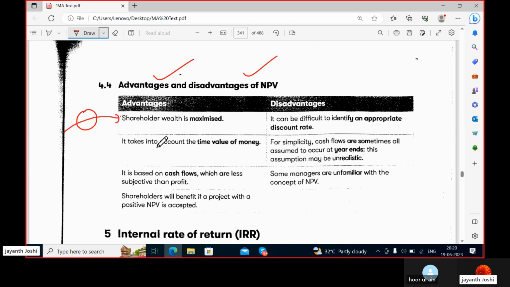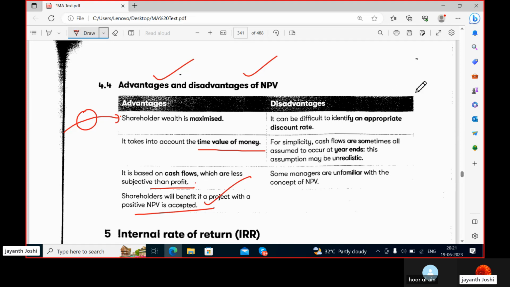This method takes the time value of money into account because we have taken discount factors. It is based on cash flows, which are less subjective than profit. Cash flows are considered in this method, not accounting income or accounting profits. Shareholders will benefit if a project with a positive NPV is accepted.